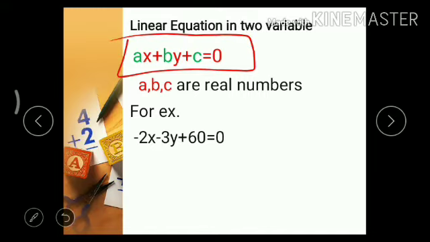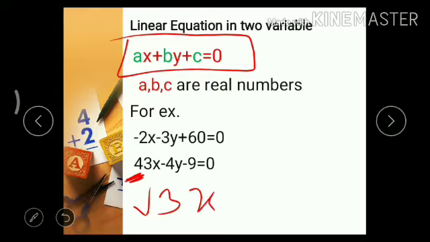Now let us take a few more examples, like 43x minus 4y minus 9. These numbers can be anything, not only whole numbers or integers. They can be any real numbers. For example, root 3 x plus 1 by 3 y minus 9 equal to 0.